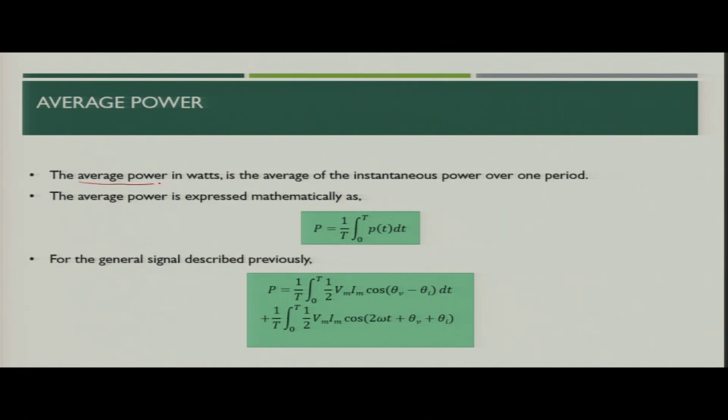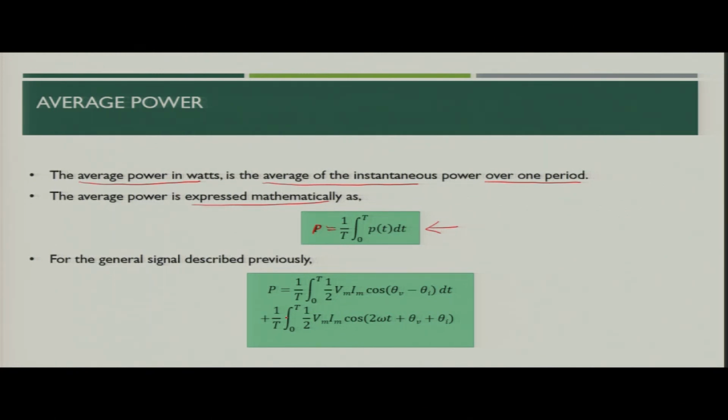The average power, which we can represent in watts, would be the average of instantaneous power over one particular time period. So, how will you represent it mathematically? You will say that the average power P is nothing but 1 upon T integral between 0 to T of p(t) dt, meaning that you are taking the average of instantaneous power over one time period.